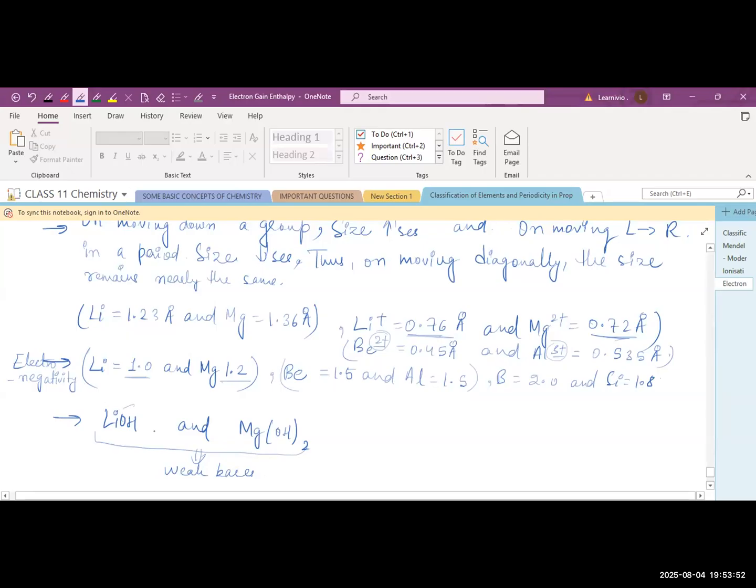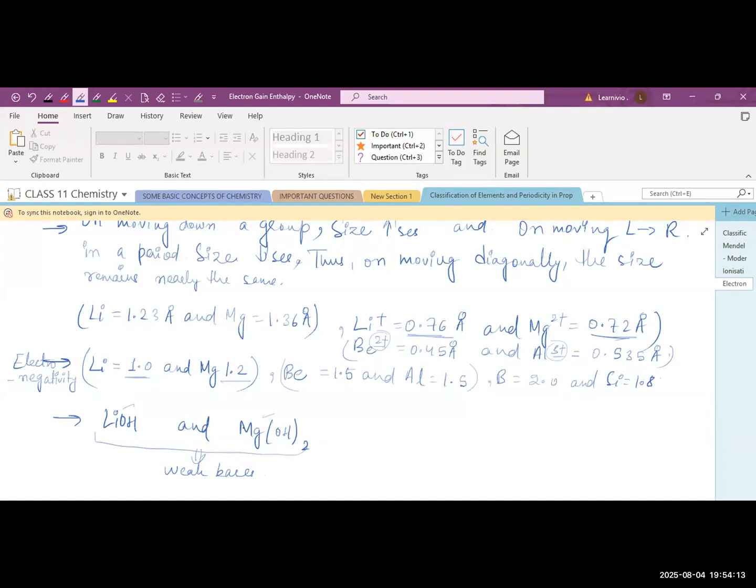But these two, lithium hydroxide and magnesium hydroxide, form weak bases, right? And you can see both form weak bases, which is why they show the diagonal relationship. Like means they show the similarity. There is much more similarity between these two, lithium and magnesium.